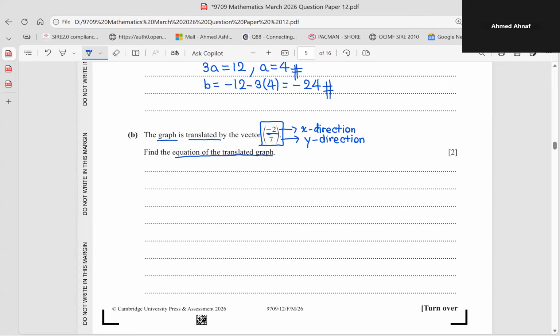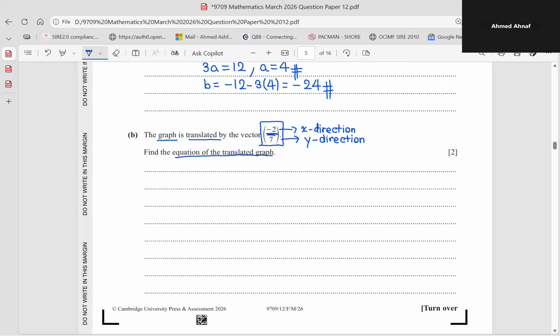So for the first part, whenever you see a negative sign, it means that the graph is being shifted towards the positive side, not the negative side, even though it shows a negative number in the x component of the vector. So for the x component, it's always the opposite.